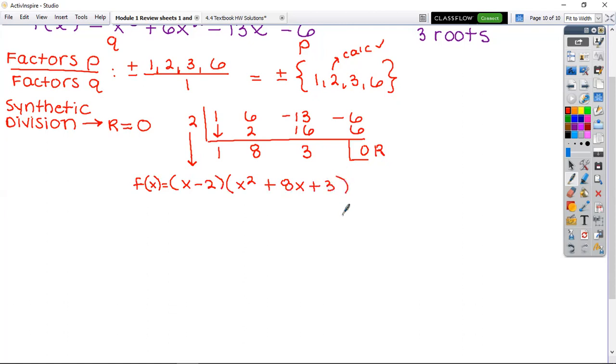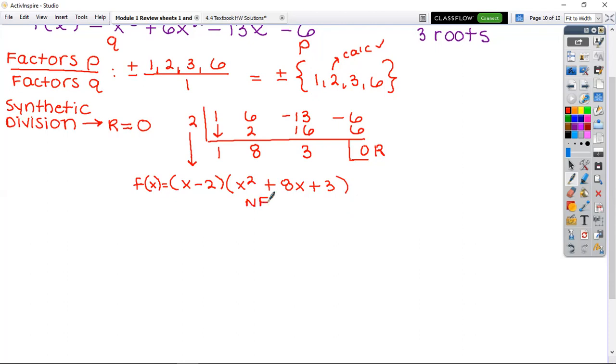Okay. If you think back to your screen on the graphing calculator, did we have any other rational roots that we saw that were nice? I don't believe we did, right? Okay. So when you look at this quadratic right here, does this factor? Multiplies to 3 and adds to 8. It does not factor.